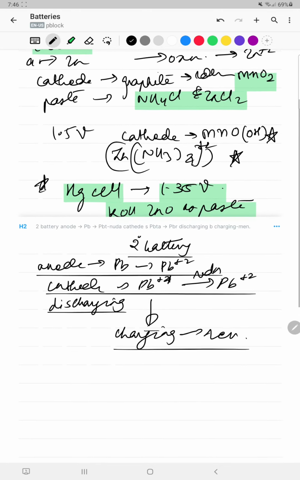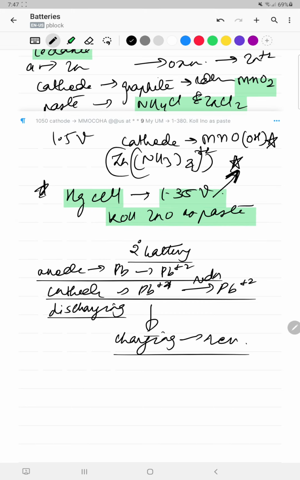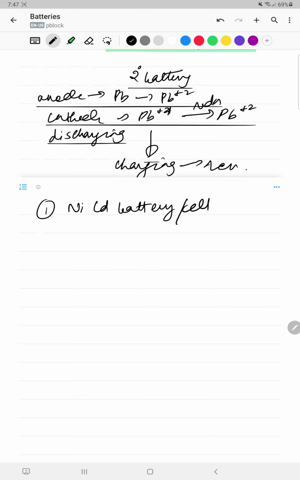Also one point is left, that why Hg cell is preferred, and why it is so beneficial. It's because this voltage remains constant. And why does it remain constant? Because there are no ions involved. Okay, so the next cell we are talking about in secondary battery will be the nickel cadmium battery or cell.